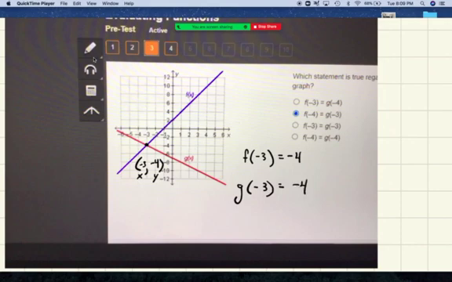So f of -3 is -4, g of -3 is -4, so that means f of -3 equals g of -3, because they both equal -4.